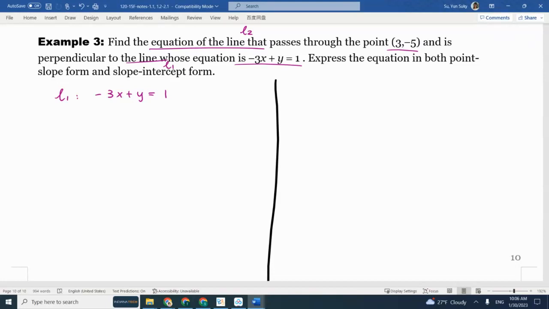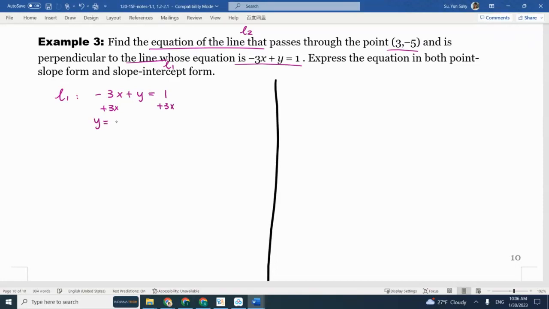And we want to find the slope. How do we get it into slope form? We solve for y, exactly. We add 3x on both sides.